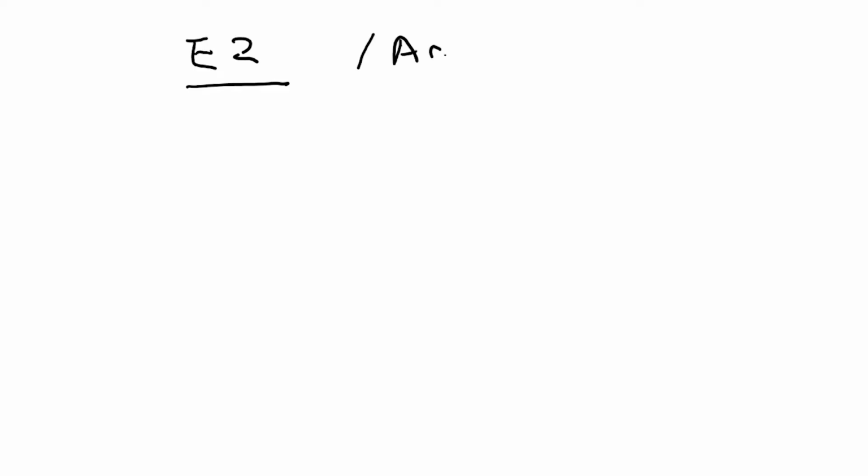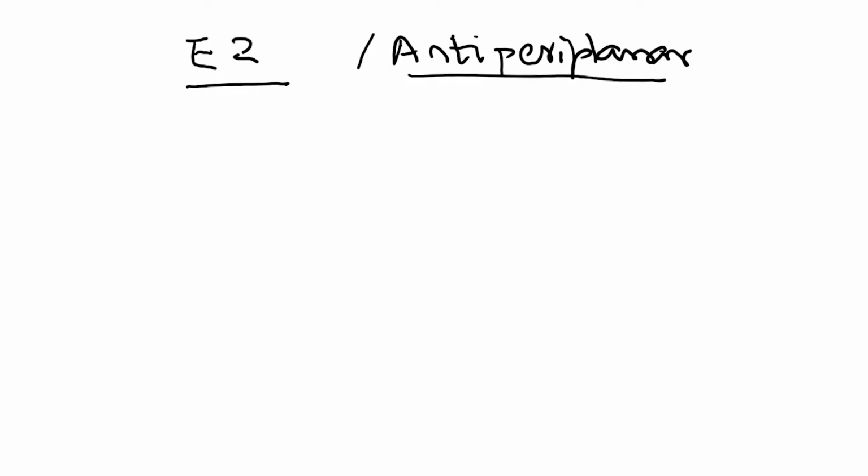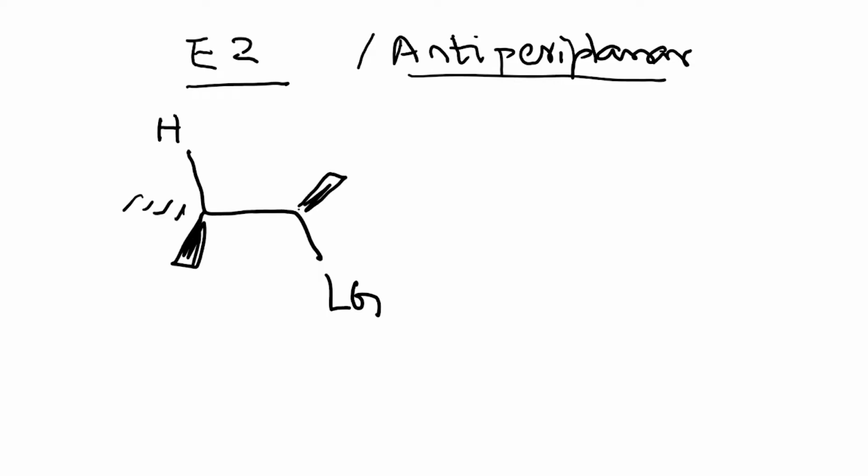So an anti-periplanar configuration or anti-periplanar geometry is in place. What this means is that you have the leaving group here and hydrogen over here, and the other groups are in this kind of orientation.